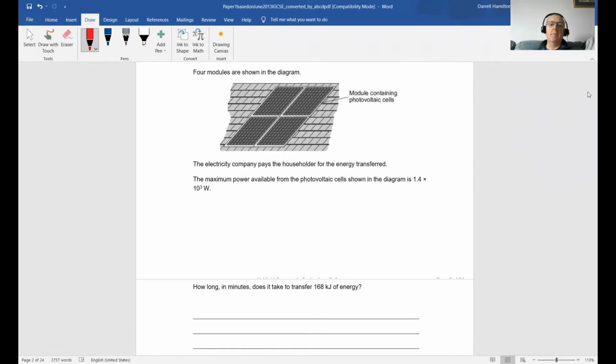The electricity company pays the householder for the energy transferred. The maximum power is 1.4 times 10 to the 3 watts. And you're asked, how long does it take to transfer 168 kilojoules of energy?